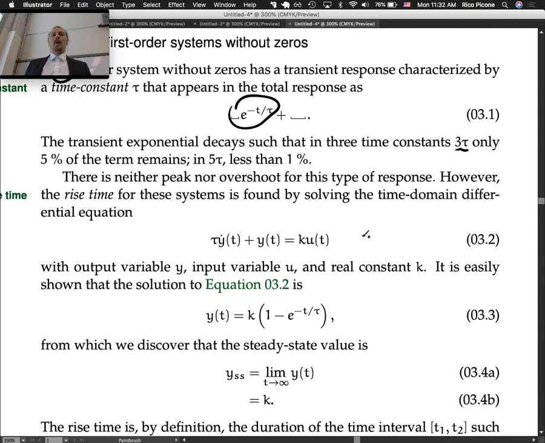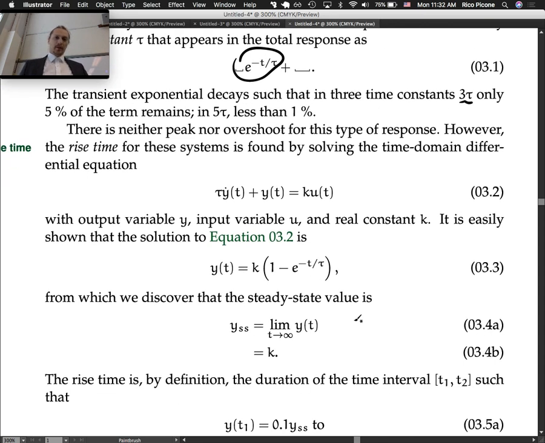With output variable y, input variable u, and real constant k, it is easily shown that the solution to equation 3.2 is 3.3, right? And it's an exponential that decays from 0 to some steady state value k, right?